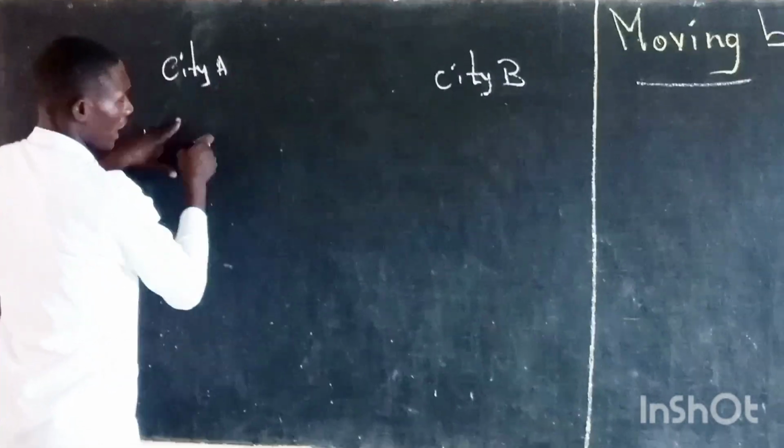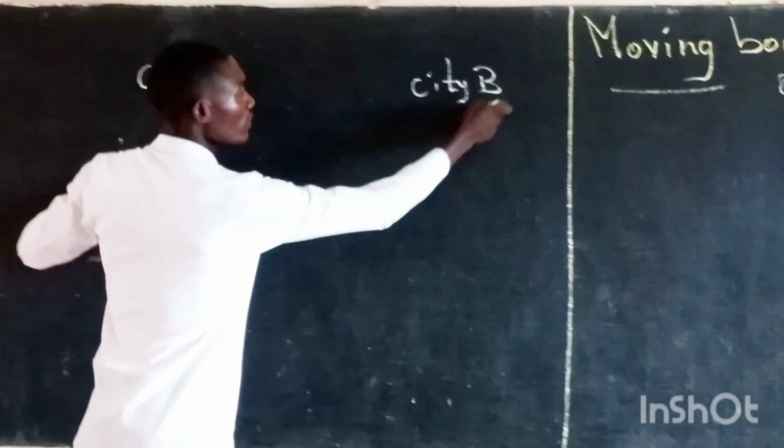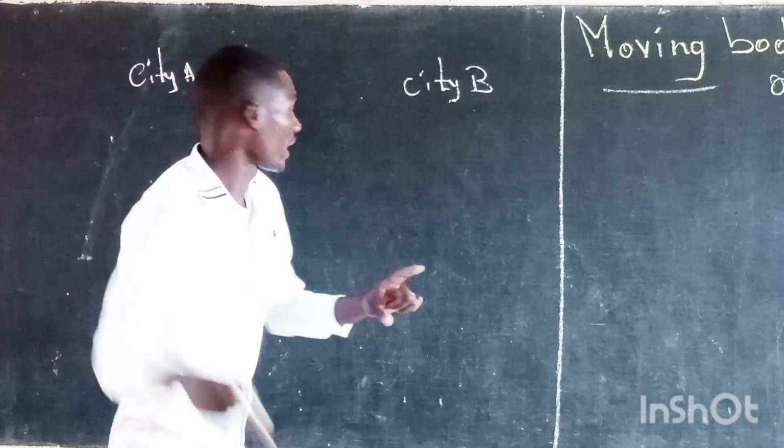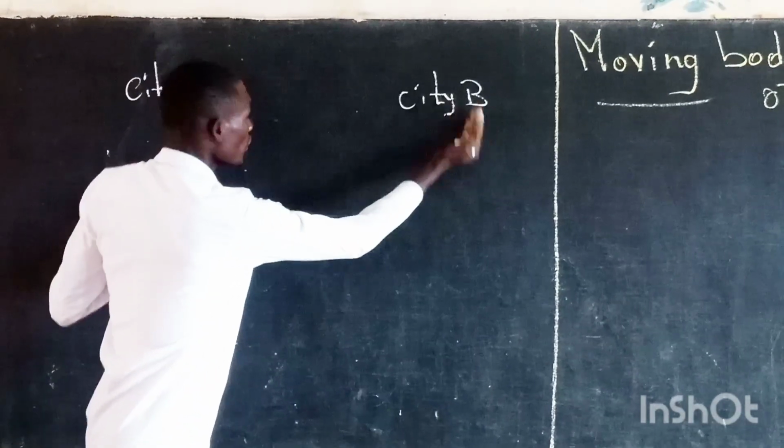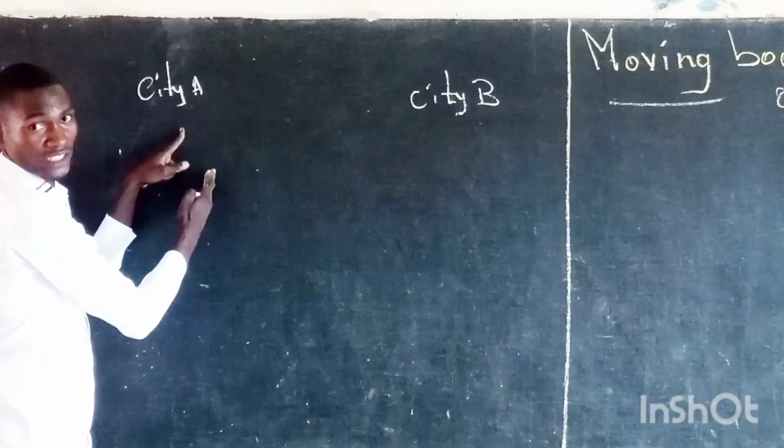The car from city A is going to move to city B, and another car which is here at city B is going to move from city B to city A.